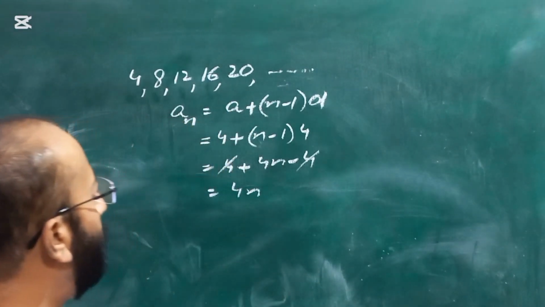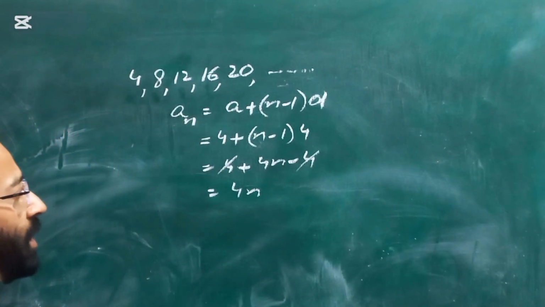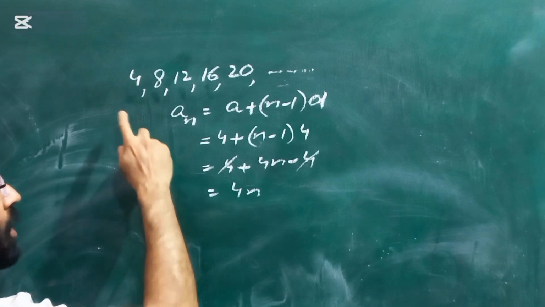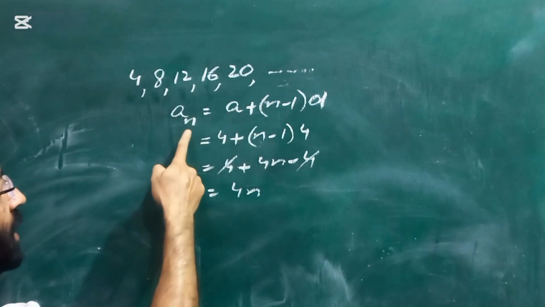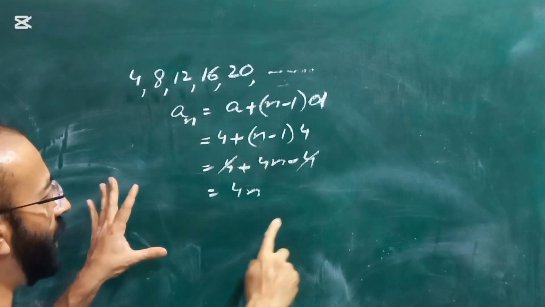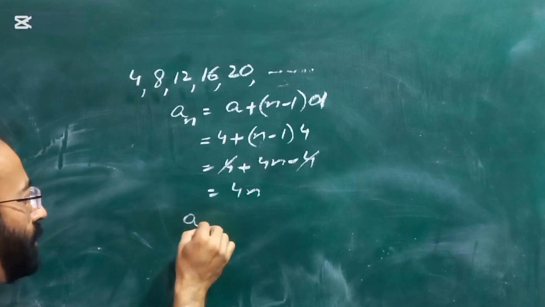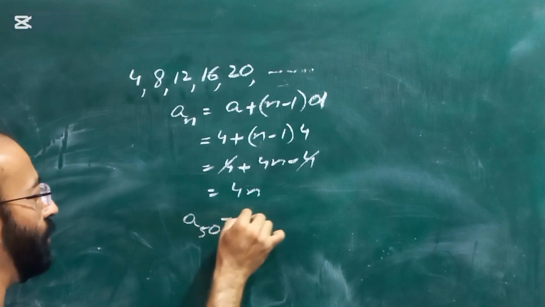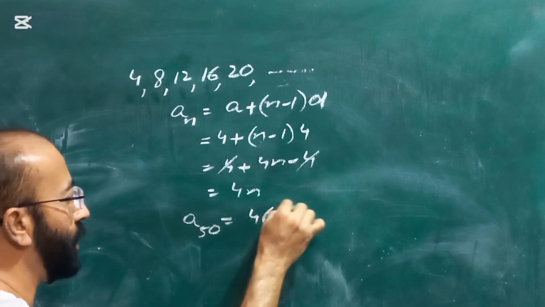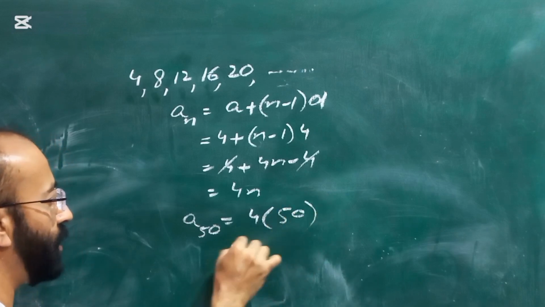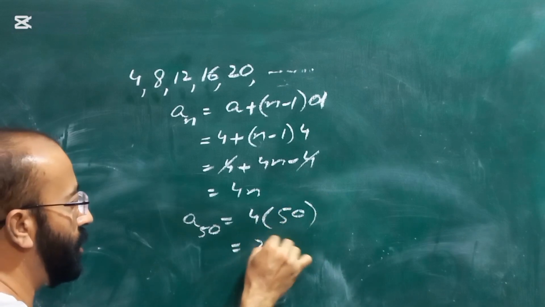So this is the general formula. And again, the next requirement is to find the 50th term of this number sequence. So here, wherever there is n, put 50, and you will get the 50th term. So the 50th term of this number sequence is 200.